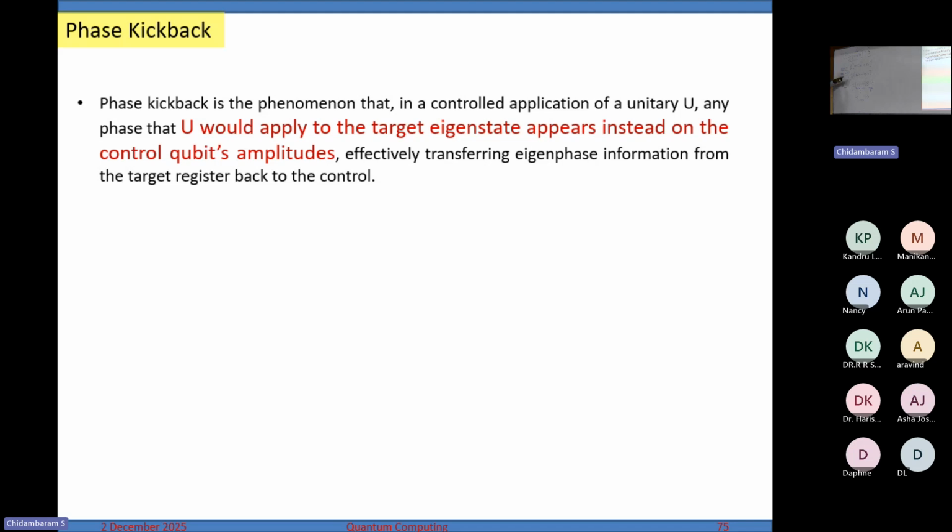You are changing from plus to minus with an angle of 180 degrees, so the phase changes. The phase kickback has happened. That phase, that angle, is what is estimated, and for that there is an algorithm, the quantum phase estimation algorithm. But what we are talking about here is only phase, not the base.